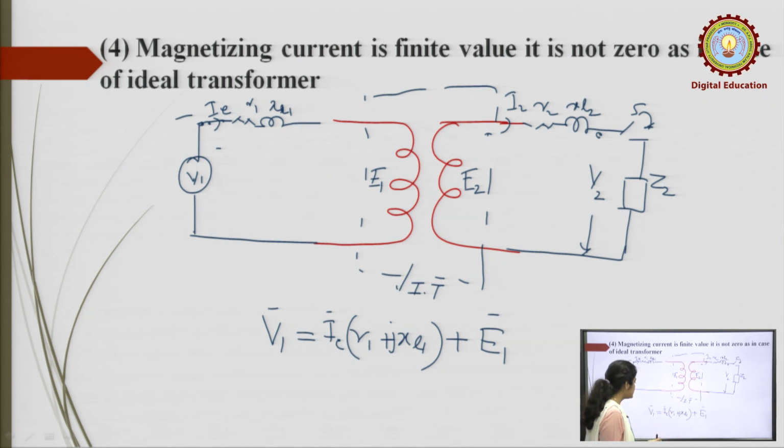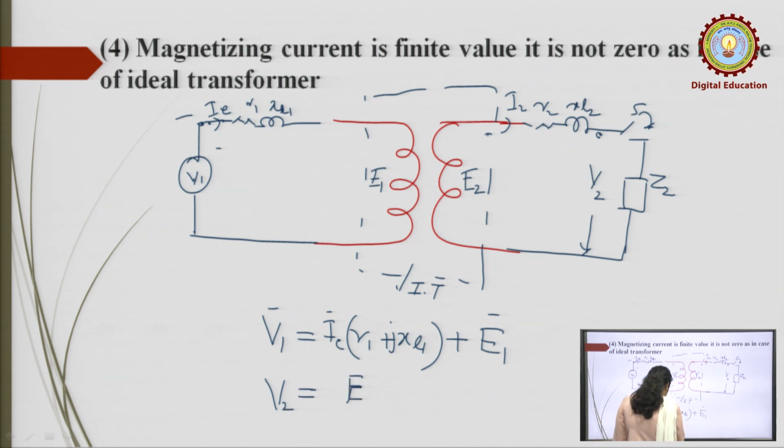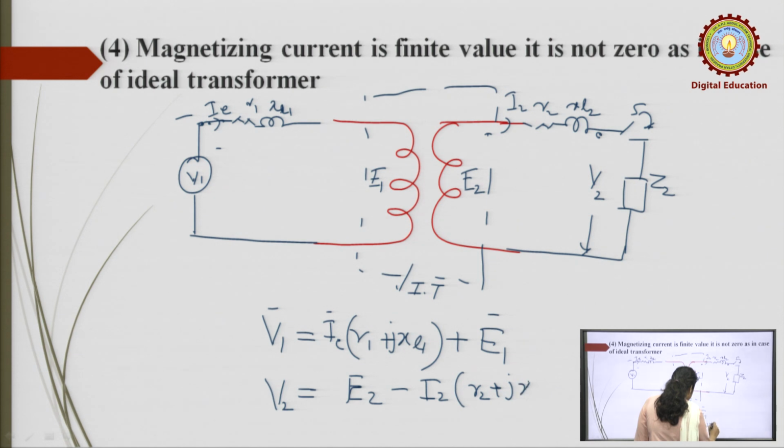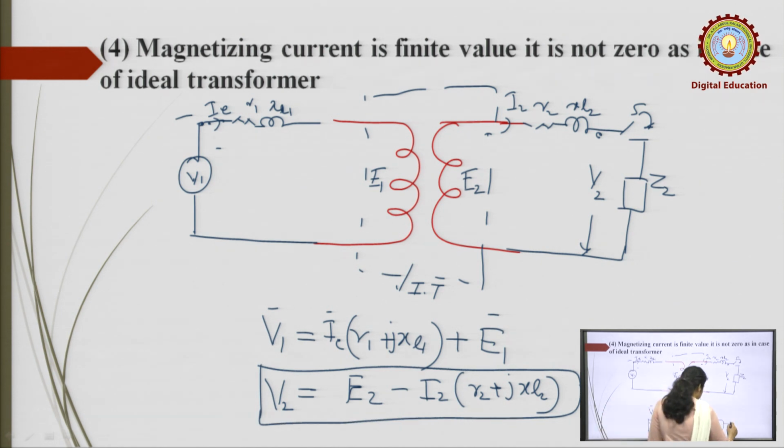But in this case, there is a drop across R2 and the leakage reactance. So, V2 is equal to E2 minus I2 times R2 plus jXL2.